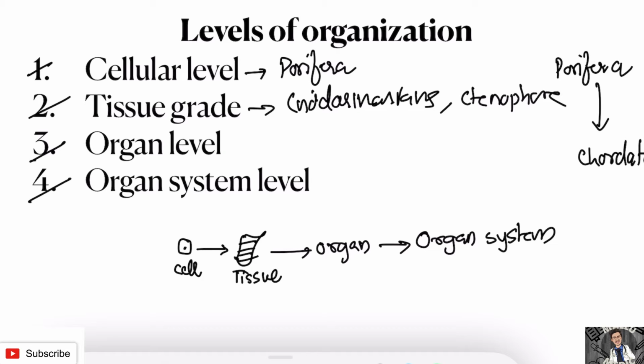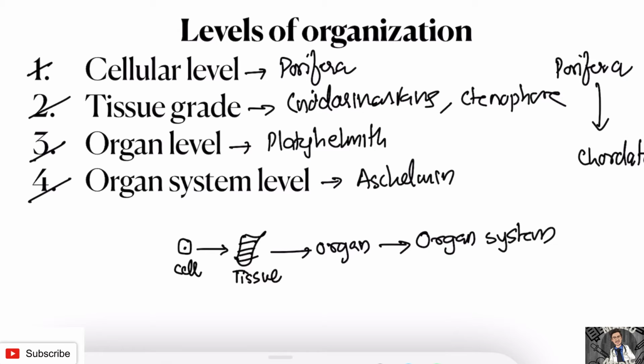With the organ level, here we have the Platyhelminthes. And the organ system level is exhibited by the phylums from Aschelminthes to Chordates. Aschelminthes, Annelida, Echinodermata, all of this falls under the organ system level of organization. I hope this is clear to you. Now let us move on.